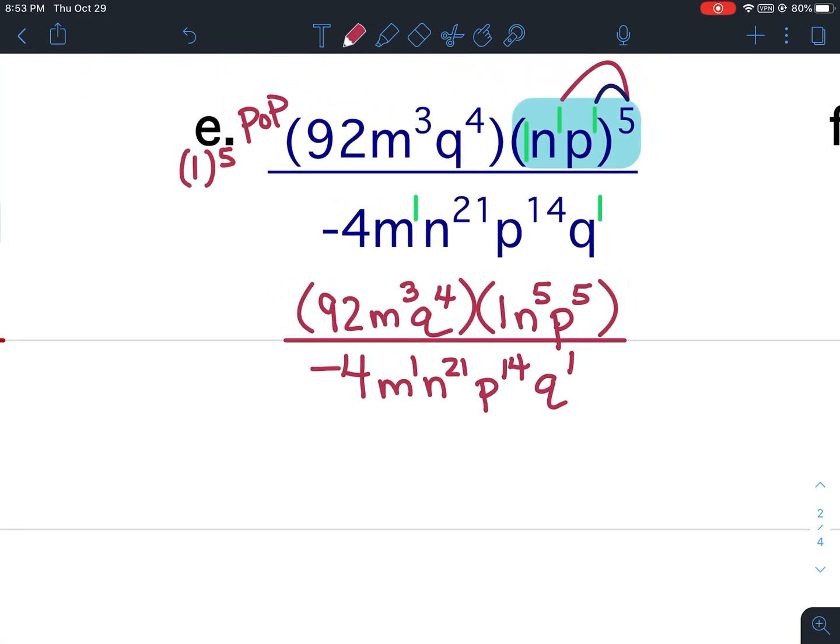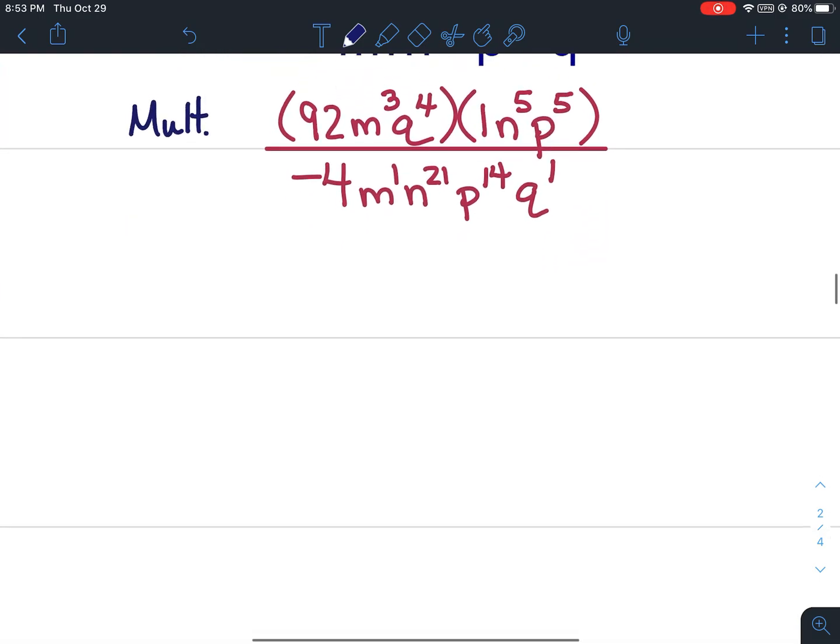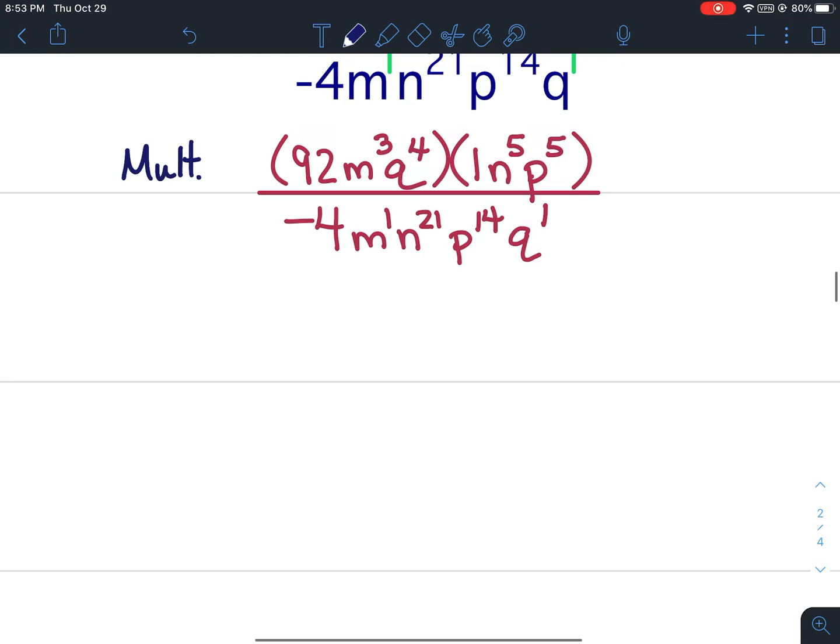I still need to simplify the numerator by multiplying. 92 times 1 would be 92. I've got m, an n, a q, a p.